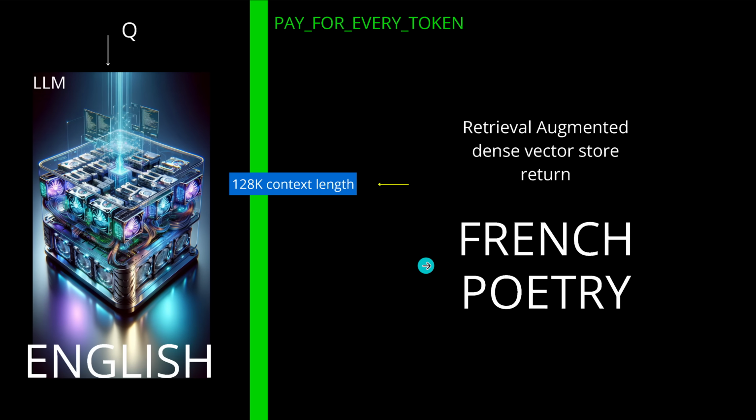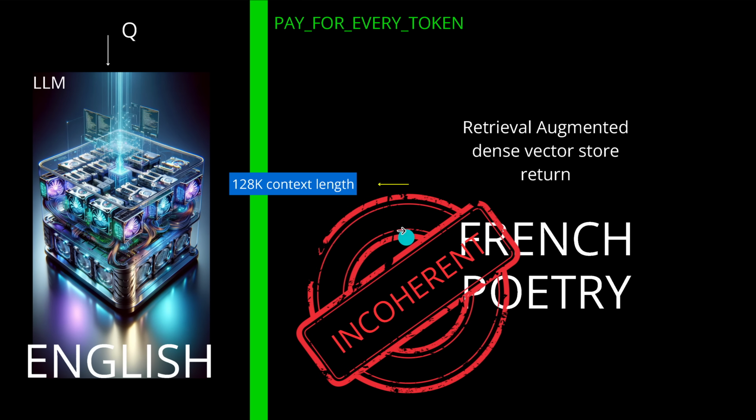Now you immediately understand that you have a problem, because if it was only trained on the English language, how should it understand French poetry? So this is not going to work. Whatever our dense vector store returns, it will not be helpful, and there's no reply at all. There's no answer the system can process or understand. So you get no answer from the system.